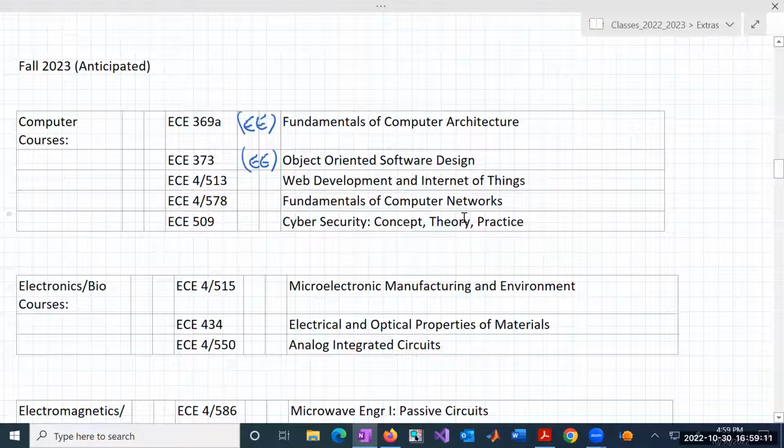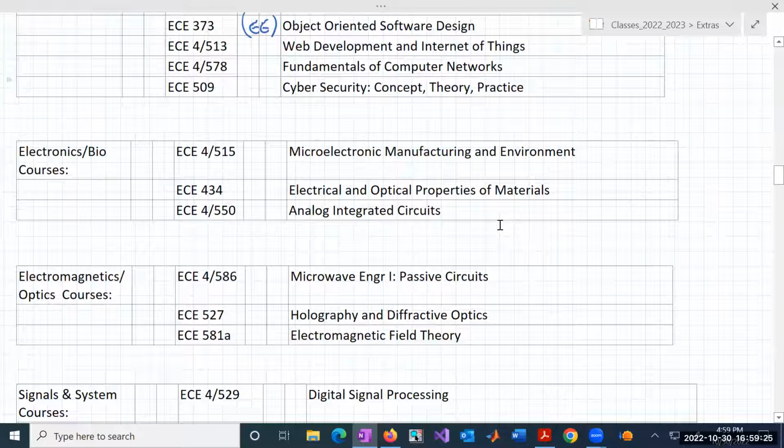Computer networks, how do you put networks of computers together? Cybersecurity, how do you make that happen from the concept all the way through to practice? In the bioelectronics area, we have 415, 515, microelectronic manufacturing and the environment. 434, this is now how do you, or it allows you to better understand the electrical and optical properties of materials.